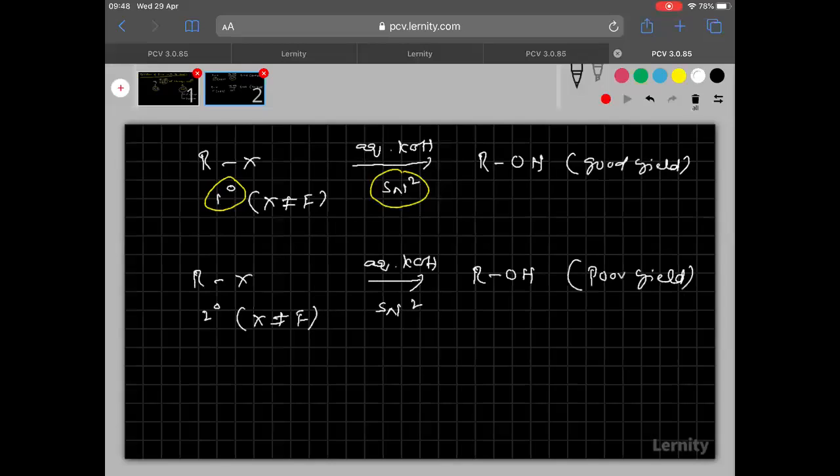In SN2 primary is more reactive, but not secondary. Therefore, the alcohol produced here is in less amount. Hope you are able to understand.